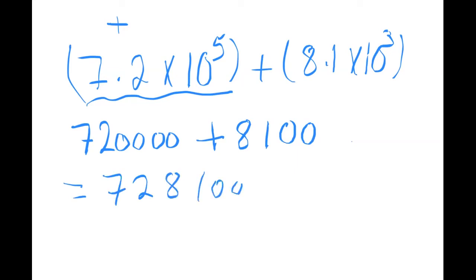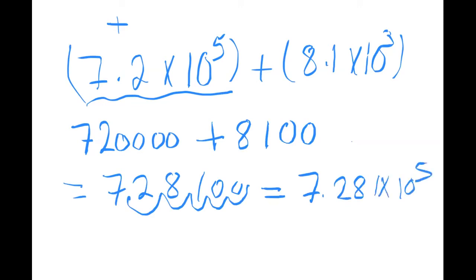Then we write the answer again in standard form. So 1, 2, 3, 4, 5. So it will be 7.281 times 10 power of 5. So we can apply this way in all of them. Write it in ordinary form, get the answer, then put it back in standard form.